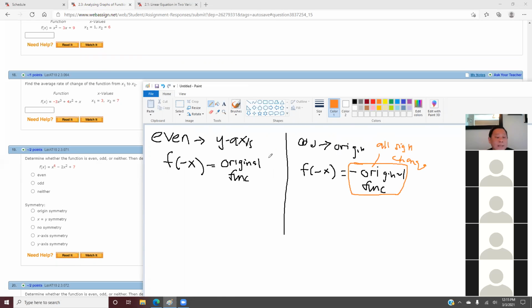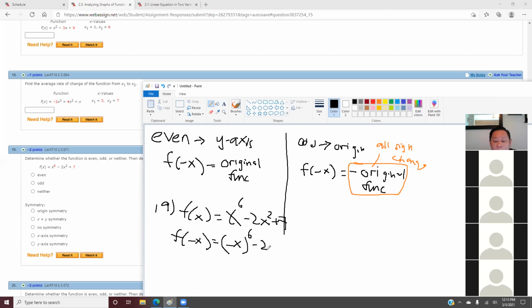Okay. So for example, question number 19 here. In order to figure out if it is even or odd, you substitute your x to become negative x. So this x will become negative x to the power of 6 minus 2, and again your x will become negative x squared plus 7.